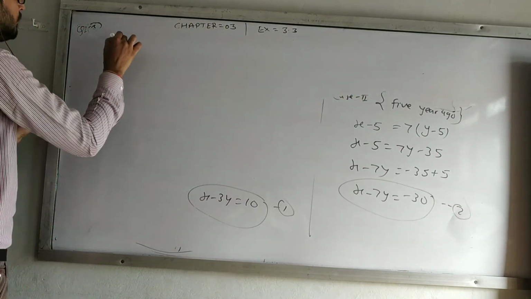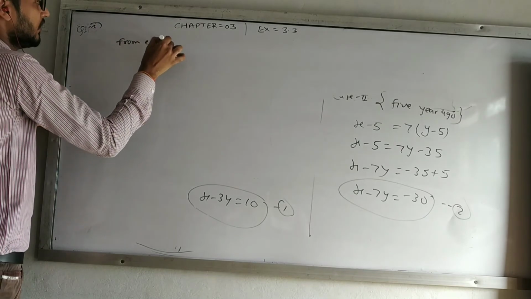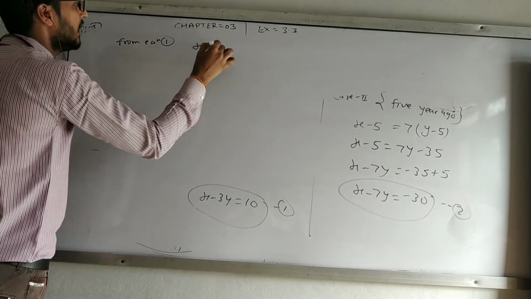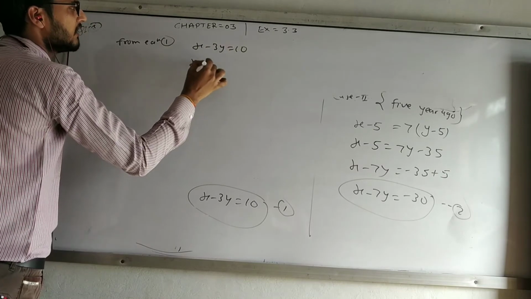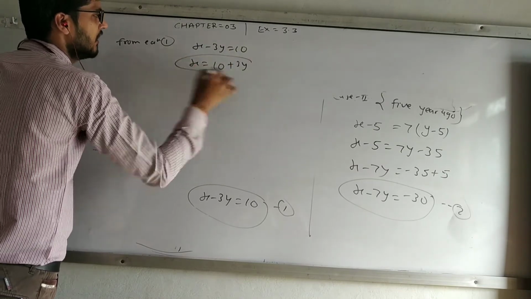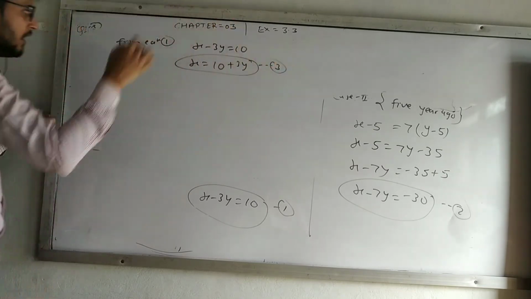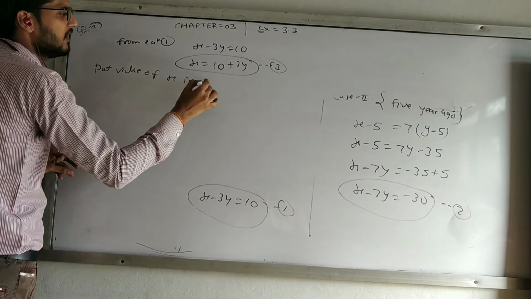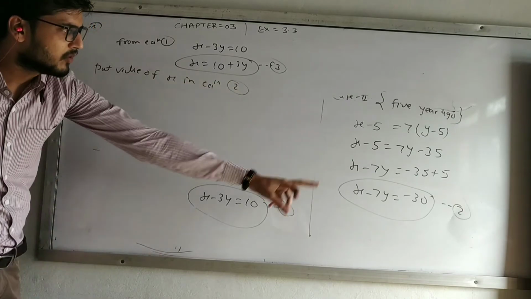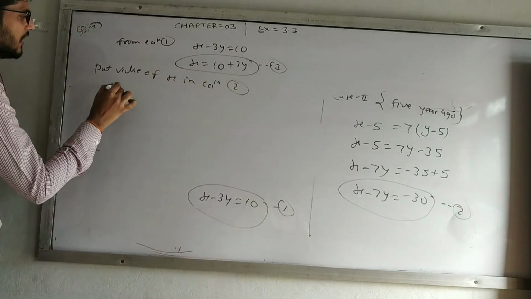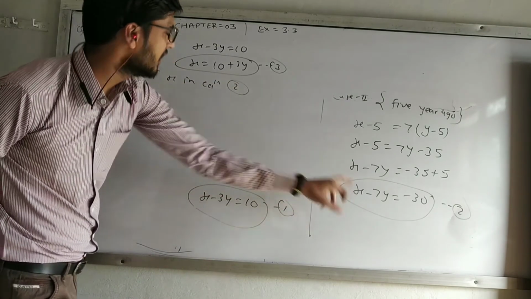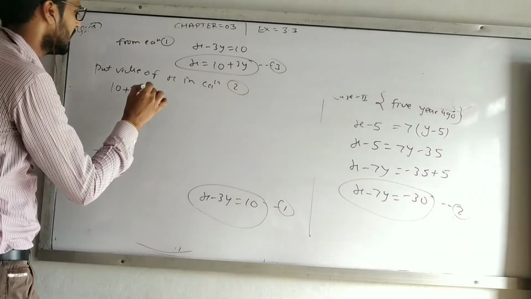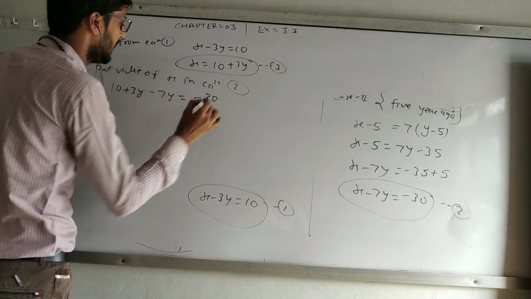Equation first is x minus 3y equals 10, so x equals 10 plus 3y. This is our equation third. So put the value of x in equation second: 10 plus 3y minus 7y equals -30.